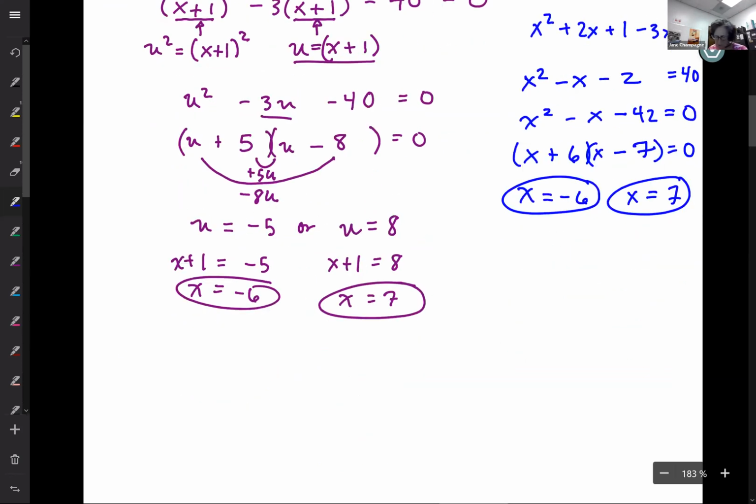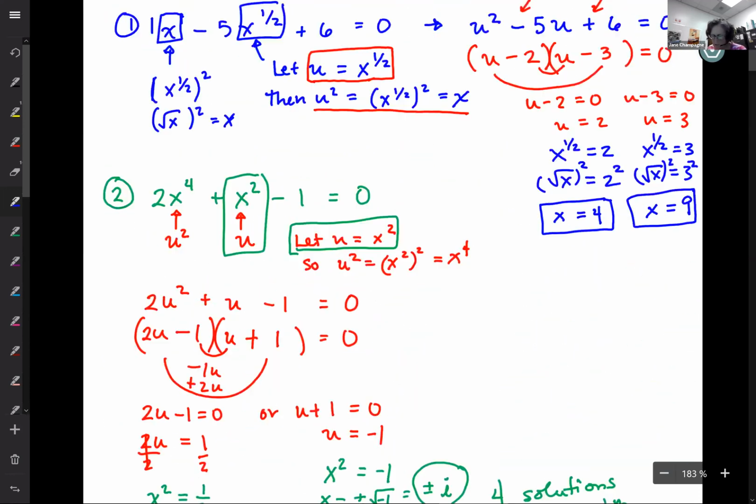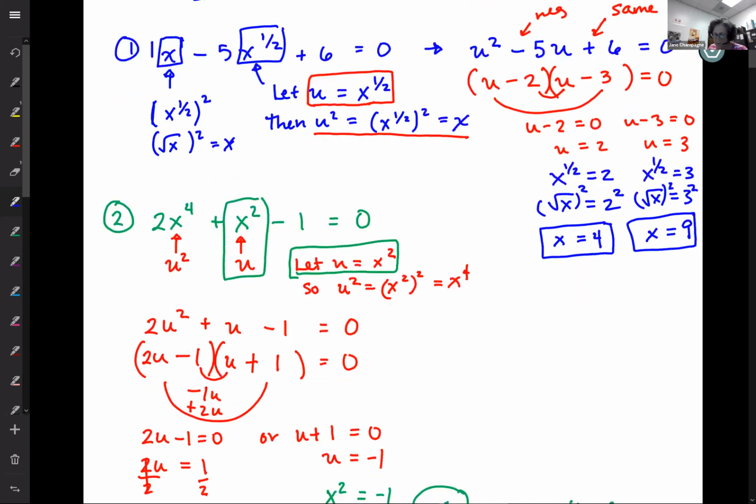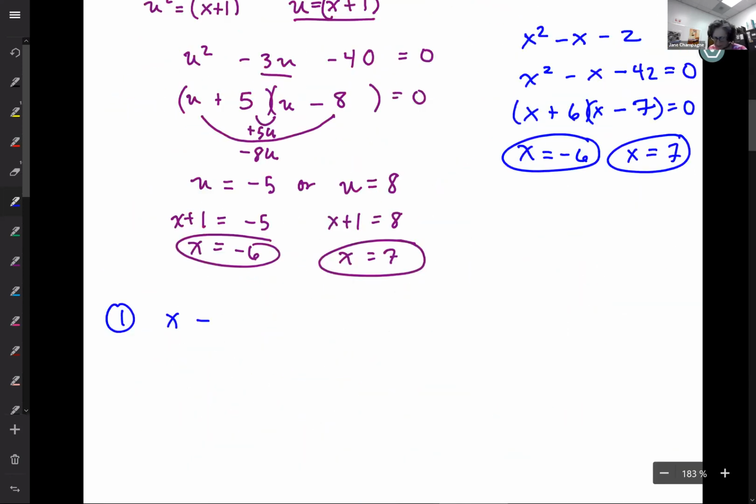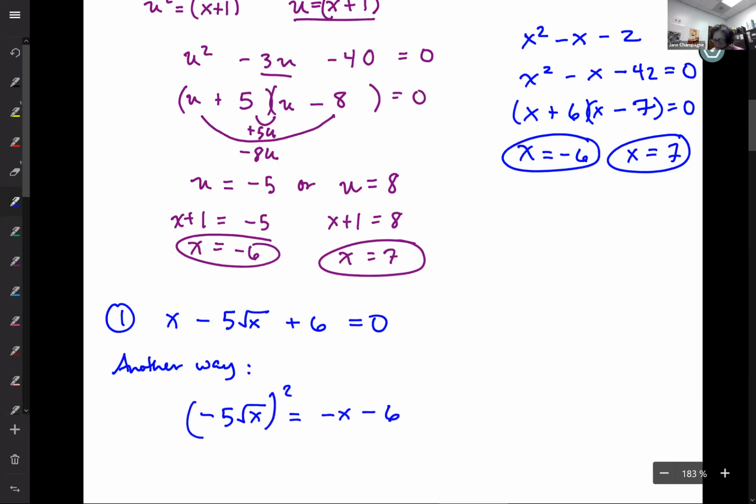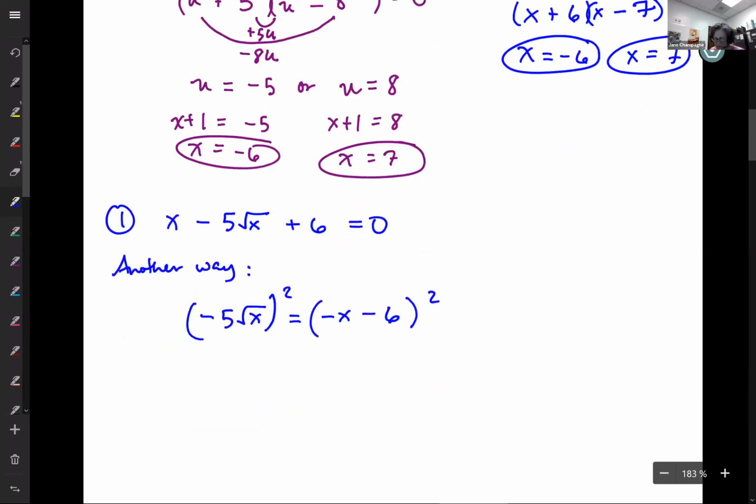Back with number 1, it was x minus 5 root x plus 6, right? Another way would be to isolate the radical. You could say negative 5 times the square root of x equals negative x minus 6, and then square both sides to undo the radical.